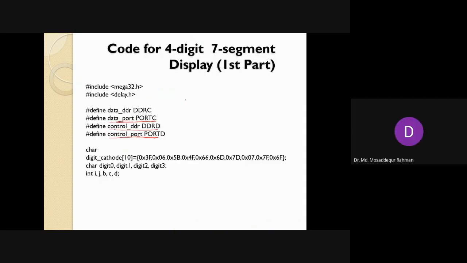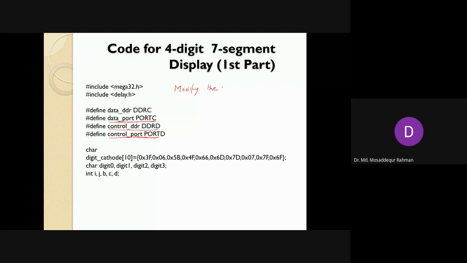Okay, so I will give you a small task. We don't have time, it's almost up, so I'll stop here. But before that, I'll give you a small task: modify the program that I've discussed. I'm displaying just one single number here.